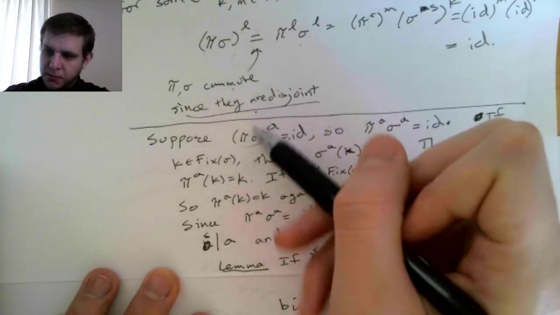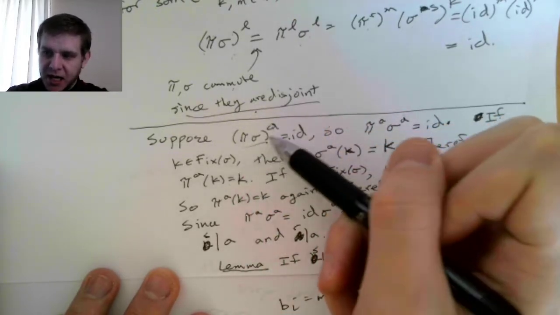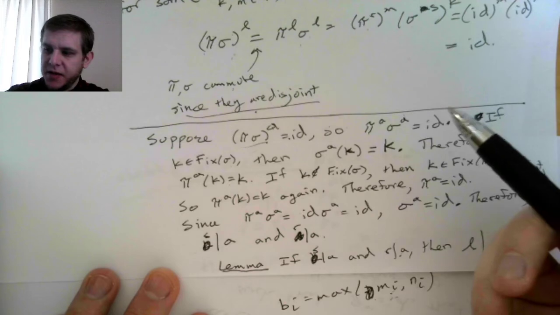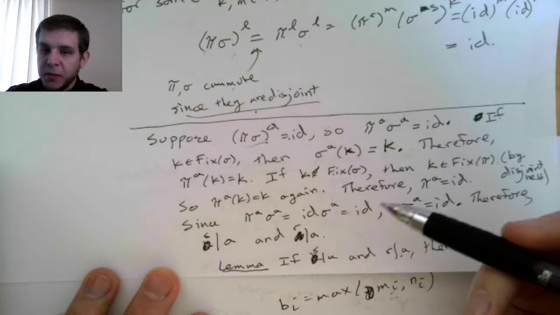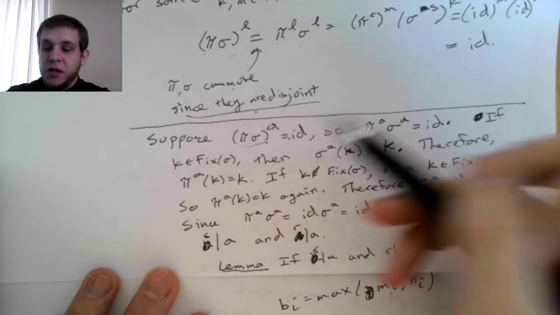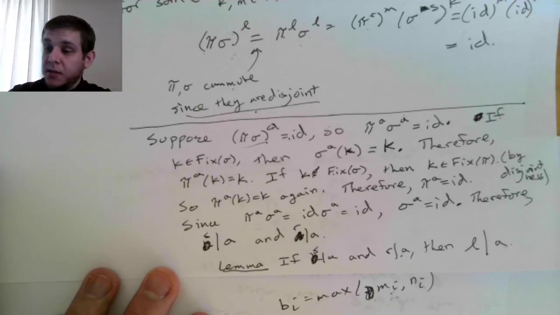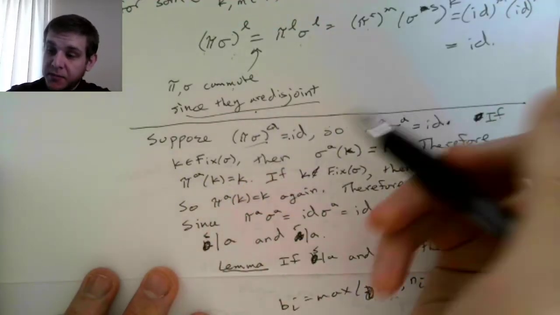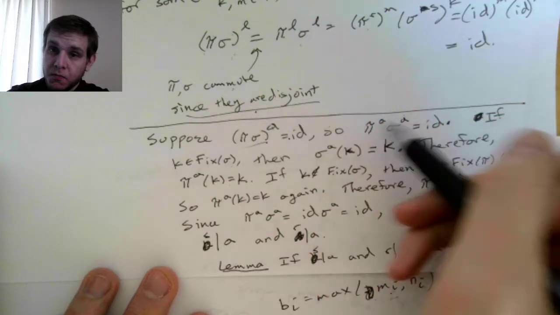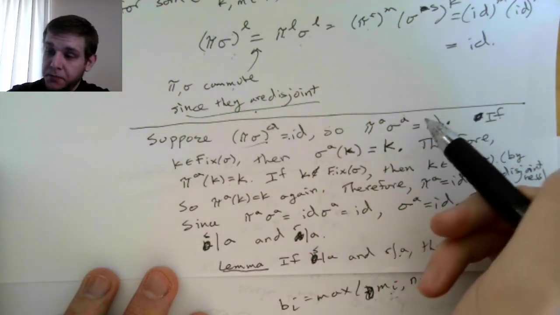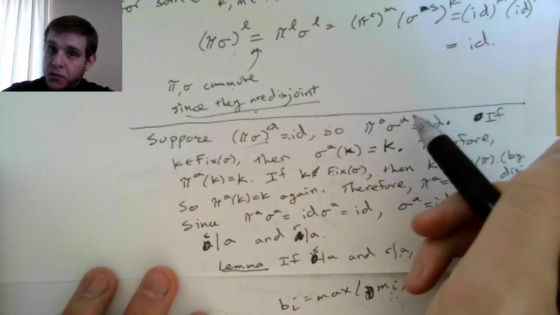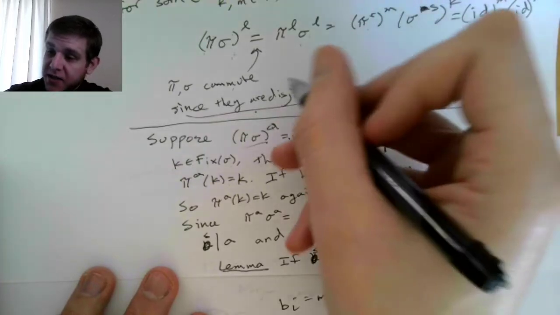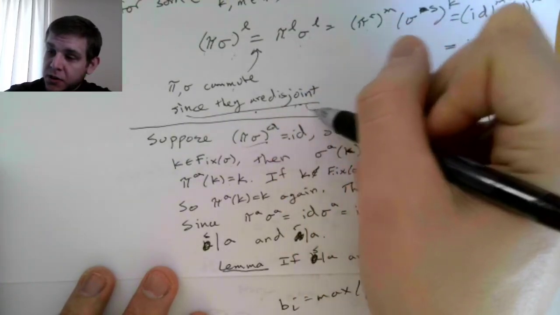So the order of pi will have to divide A, and the order of sigma will have to divide A. So the least common multiple is going to be the smallest number such that K and L divide it. And so we win. So again, we heavily use the fact that they're disjoint. So we use that here as well.